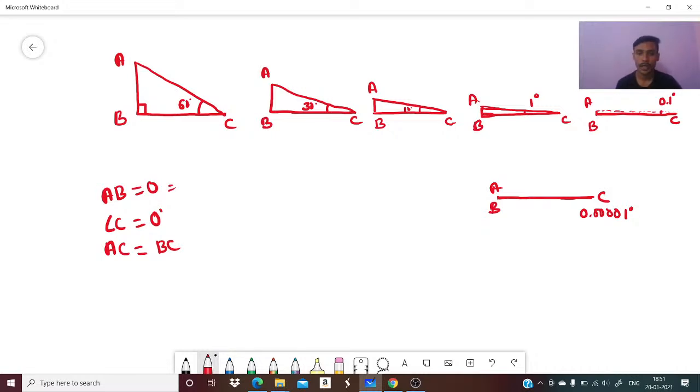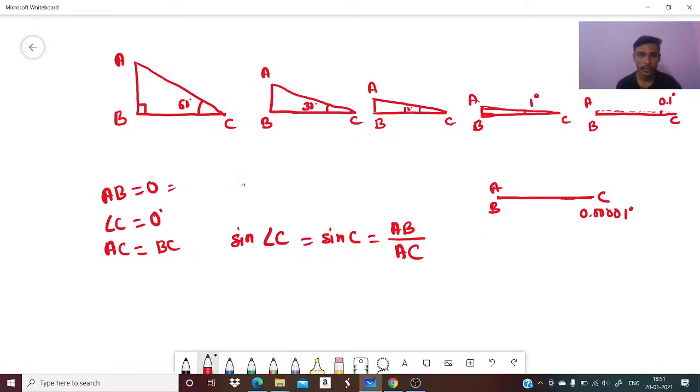Now suppose I ask you to find the sine of angle C, and you know that your angle C is 0 degrees. The opposite side of this C is AB, so sine C will be AB upon the hypotenuse, which is AC.